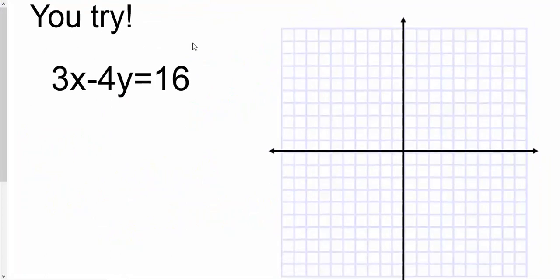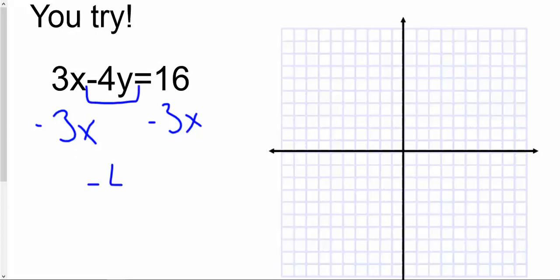Okay, so I will first do it the way you're most comfortable with, which is by putting this in slope-intercept form, and then we will also try finding the x and y intercepts. 3x is going to get subtracted from both sides. And here's where we really want to be careful. This is a negative 4y. That sign still stays.